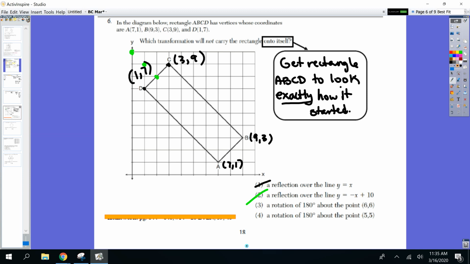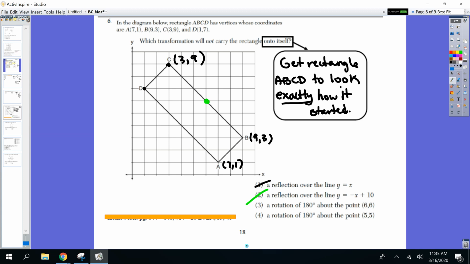All right, how about a rotation of 180 degrees about 6, 6? All right, let's see where 6, 6 is. Right there is 6, 6. Okay, so let's talk. 180 is on the other side.